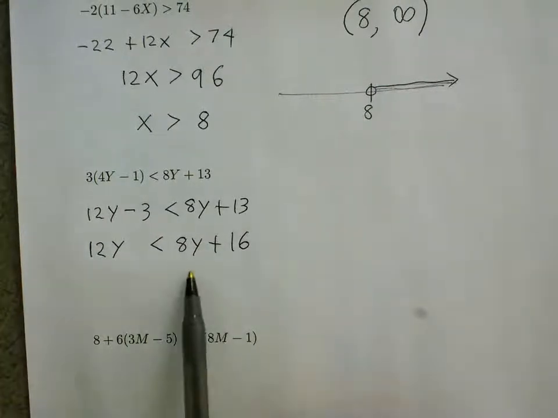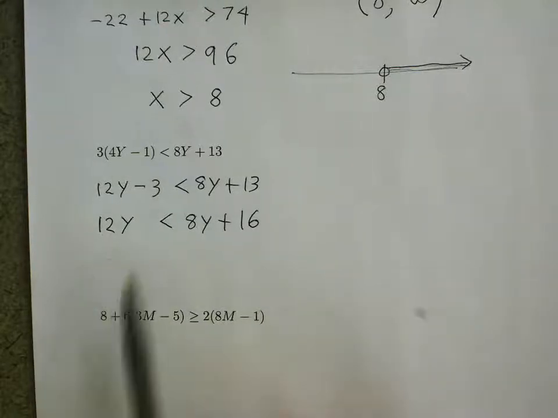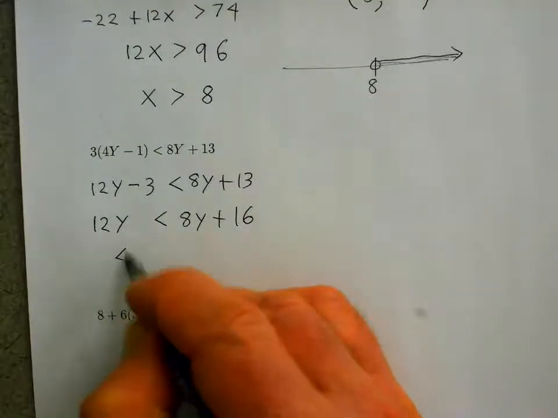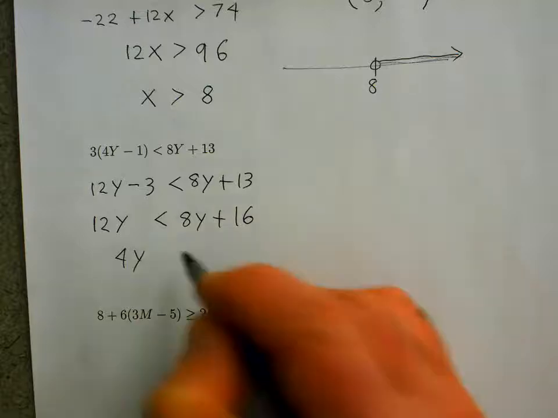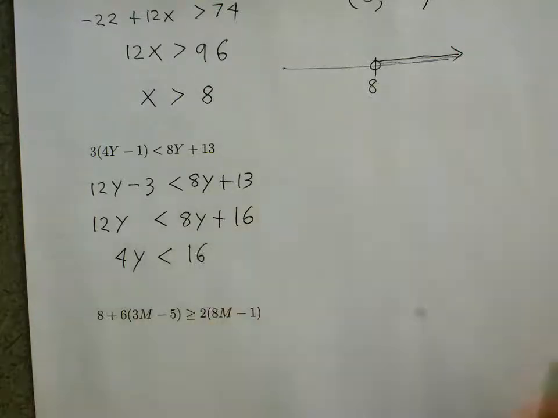In the next step, I'm going to subtract 8y from both sides. 12y minus 8y is 4y. And so I get 4y is less than 16.